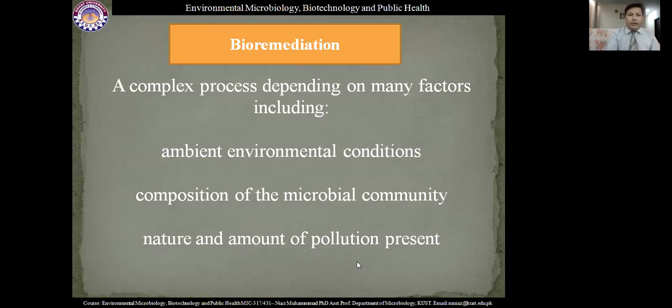Ambient environmental condition. Secondly, composition of the microbial community. If there are diverse type of microbial communities, so it is a maximum chance that any microbial population will be compatible to decompose that pollutant by producing enzymes.